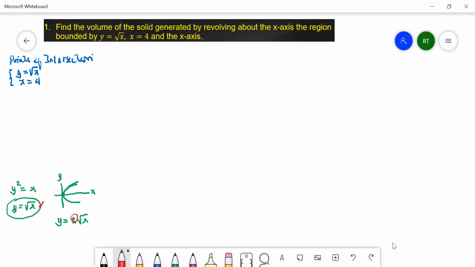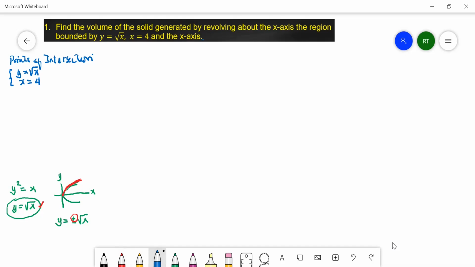Now, if we consider the graph of y is equal to square root of x, then we are just considering the values of y above the x-axis, where y is greater than or equal to 0. So this red curve is the graph of y is equal to square root of x. And below, that is the graph of y is equal to negative square root of x. And as a whole, of course, it is a parabola opening to the right with vertex at the origin.